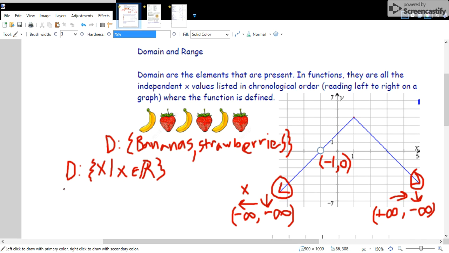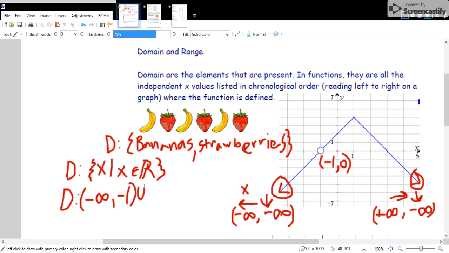And then for interval notation, our domain, we look at the left value, which is negative infinity. Arrows and holes are always open, so you put open parenthesis. And then we stop where we see a hole, and that's at x equals -1.